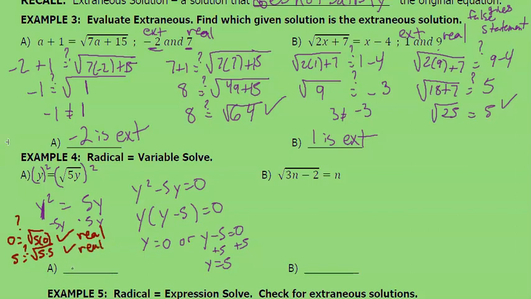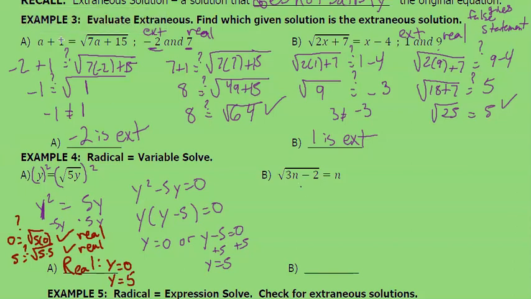When you specify your answers on these kinds of problems, make sure that you say if it is a real solution or an extraneous solution. So we have reals at y equals 0 and y equals 5.